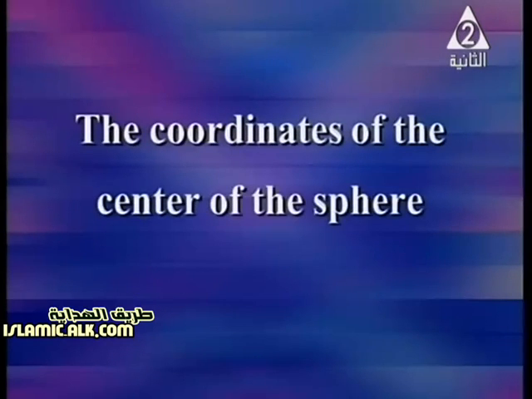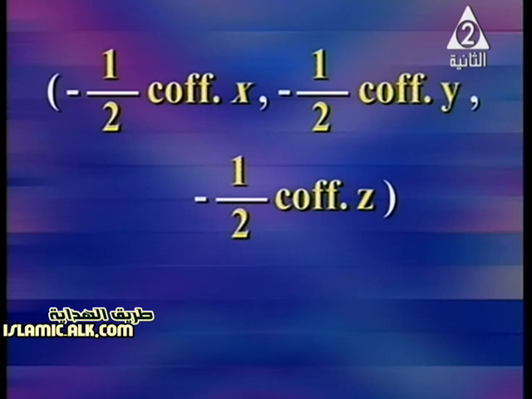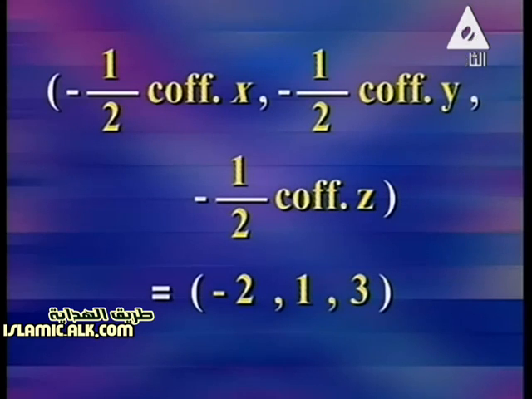How do we determine the coordinates of the center of the sphere? Minus 1 over 2 the coefficient of x, minus 1 over 2 the coefficient of y, minus 1 over 2 the coefficient of z. By substitution, the answer is (-2, 1, 3). This is the center of the sphere.